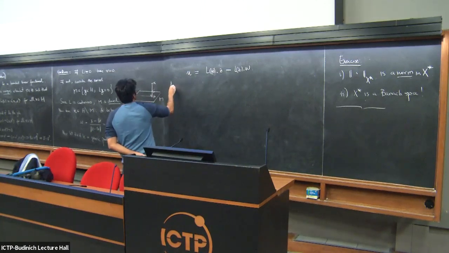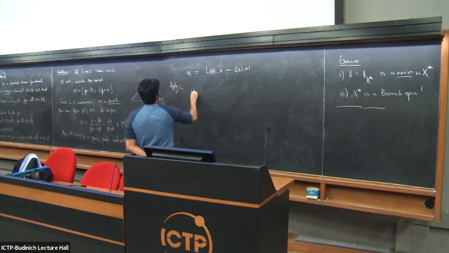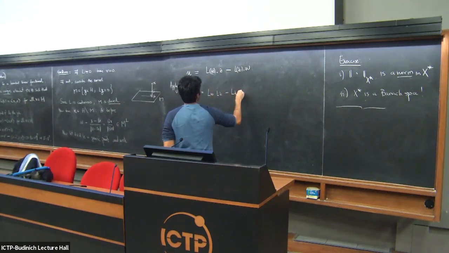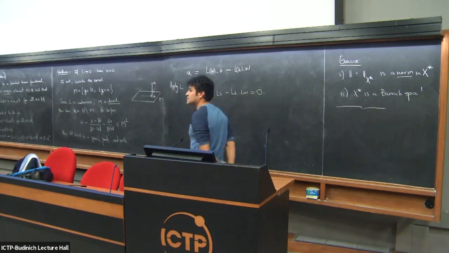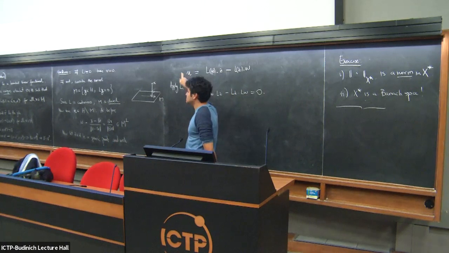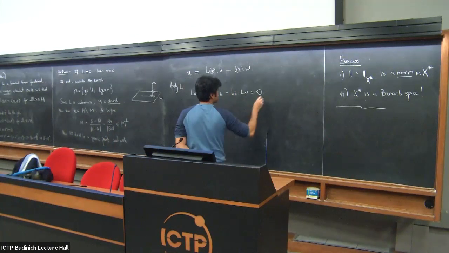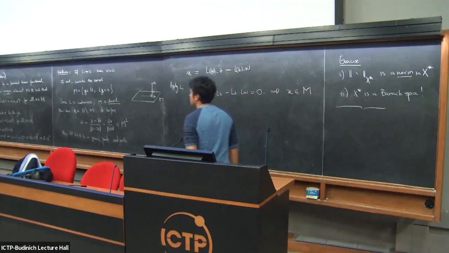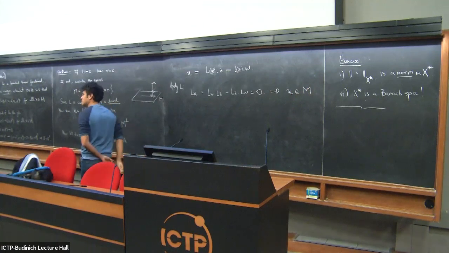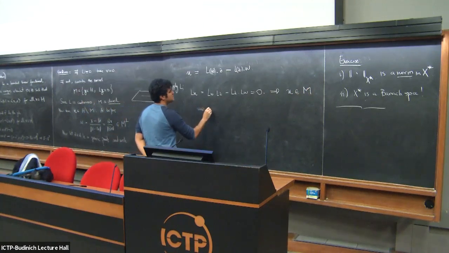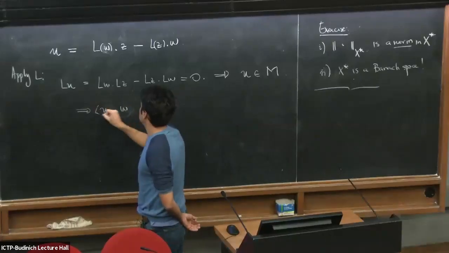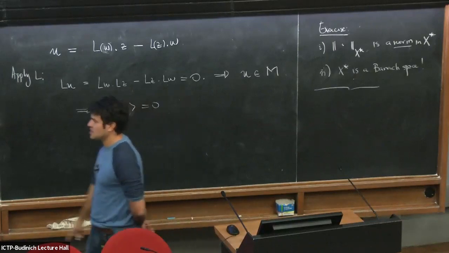What you get is L of U is equal to, well, this is just a scalar, so this is L of W, L of Z, minus L of Z, L of W, which is 0. So if you apply L to this vector U, you get L of U is 0. So this means that this element U belongs to the kernel M. If U belongs to the kernel M, this means that this U is perpendicular to my W, because I know that W belongs to M perp.